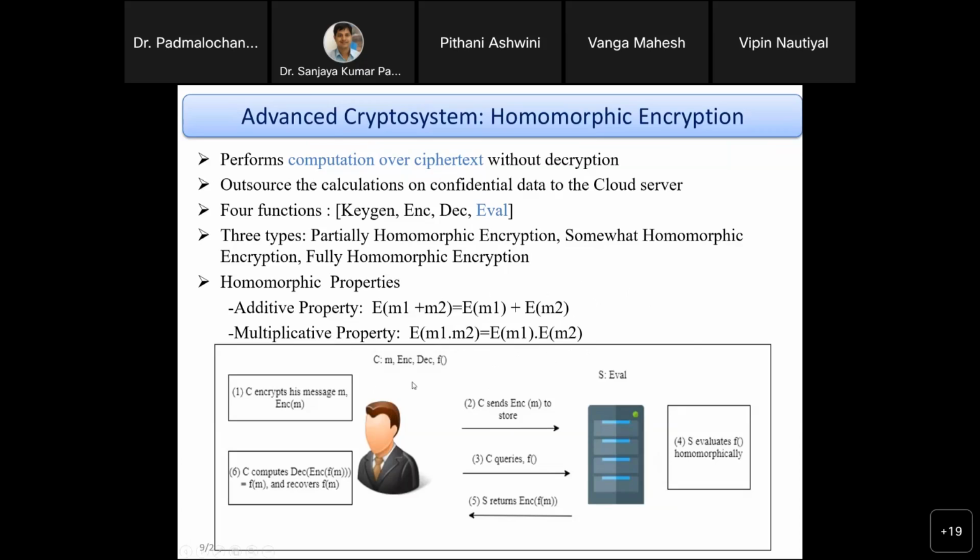But the problem here is that after performing a good number of computations on the ciphertext, some noise may be introduced into it. If the noise is very high, then essentially it will not remain a valid ciphertext, so the result will be different.